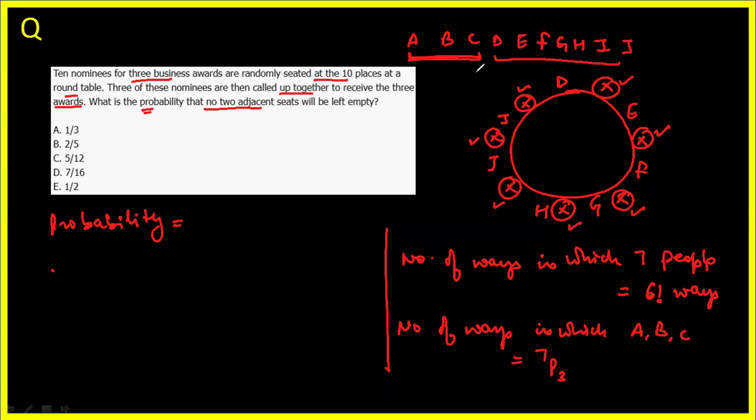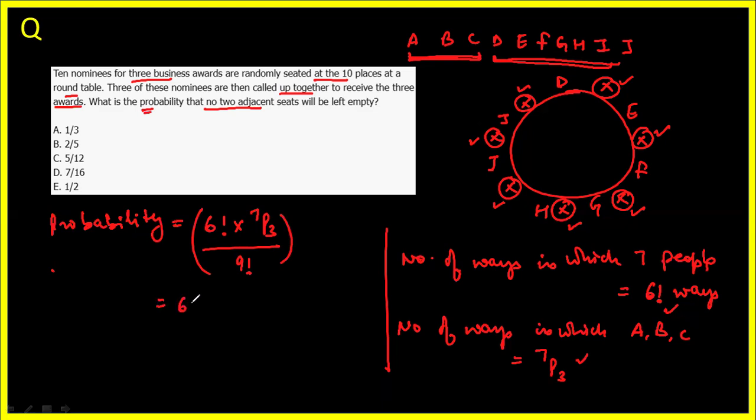That's the favorable number of outcomes. So I've first made these 7 sit in 6 factorial ways, and out of these 7 you require 3. In how many ways can you pick 3 positions out of 7, order matters? That is 7P3, divided by the total number of outcomes. 10 people can be seated around a circular table in 9 factorial ways. That's our required answer. Let's now solve this.